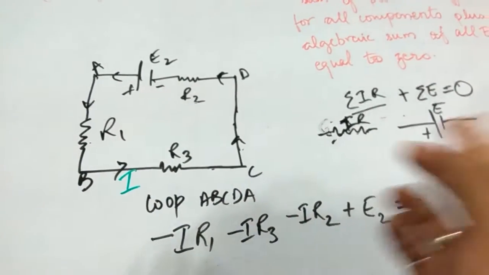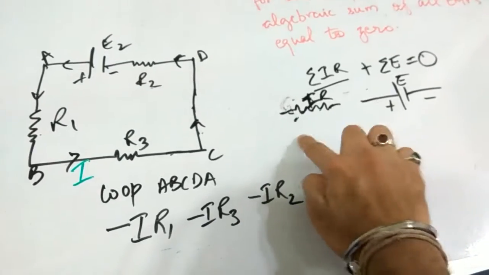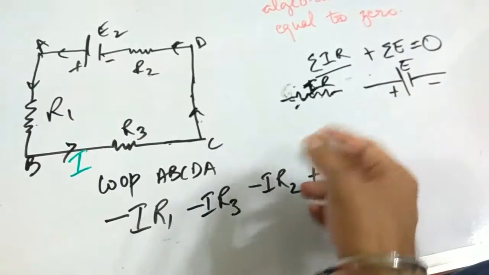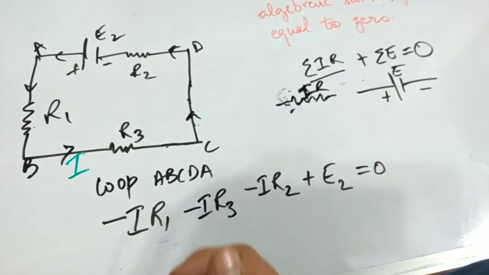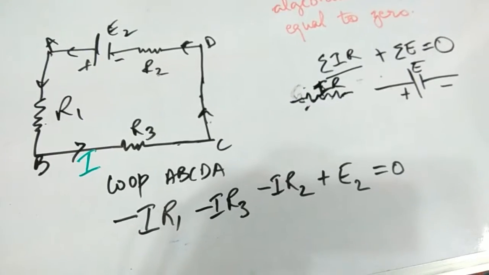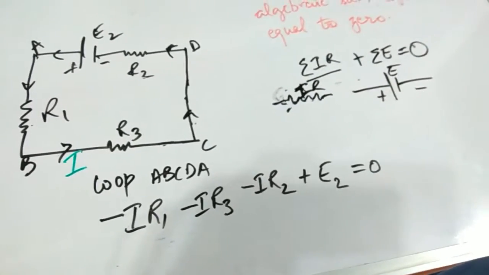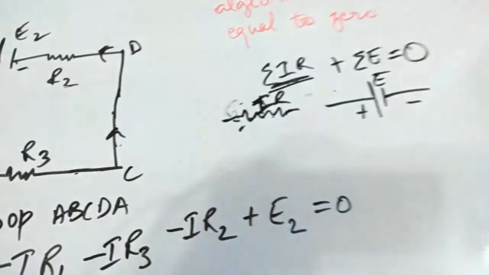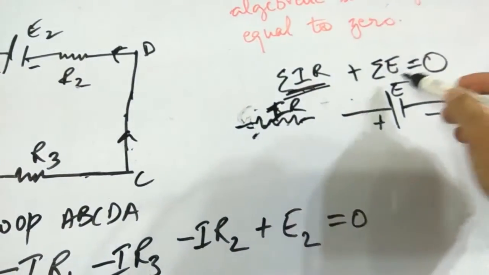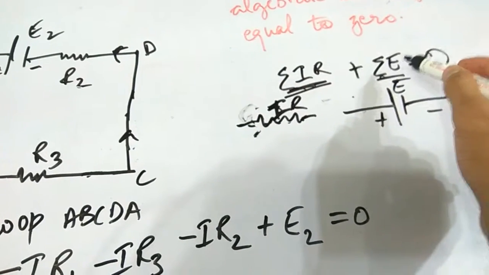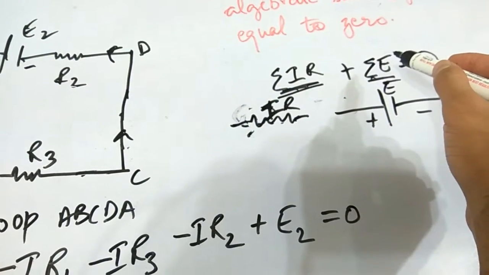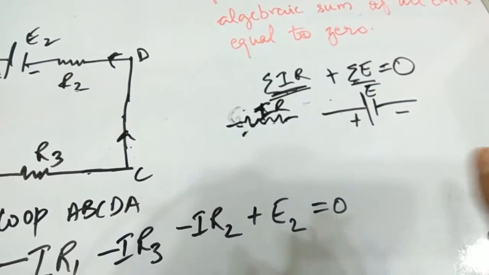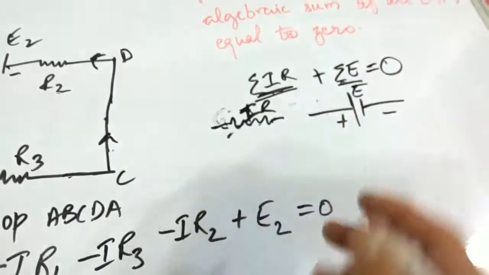The definition of potential difference, which I showed here, represents the energy spent in sending a unit charge around the circuit, and this summation represents the total energy spent in sending a unit charge around a circuit. And the summation of E represents the total energy supplied by the sources of EMF in that circuit for sending a unit charge. So basically both are energy.